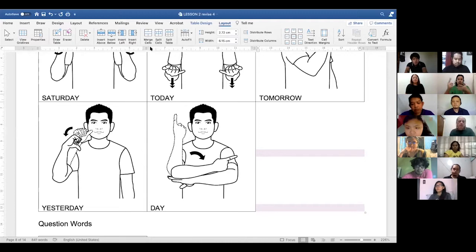So what you need to add then is this sign, and call it first week of the month, second week of the month, third week of the month, and then fourth week of the month. Okay, that's vocabulary.